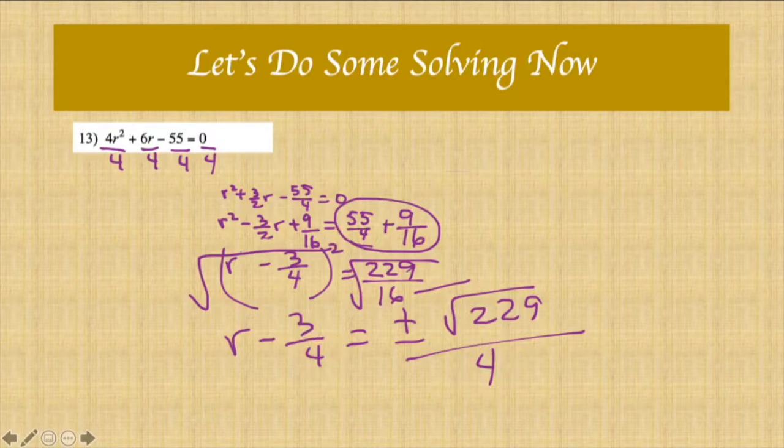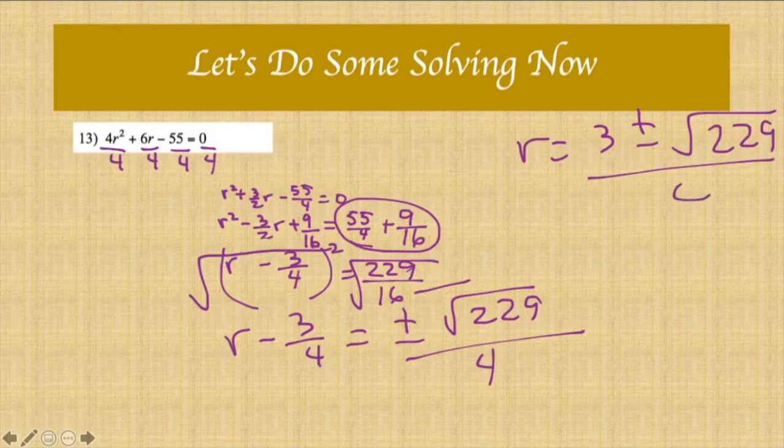We're going to bring that 3 over 4 over here by adding, and we will get r equals 3/4, or 3, since they have a common denominator, plus or minus square root 229 all over 4.